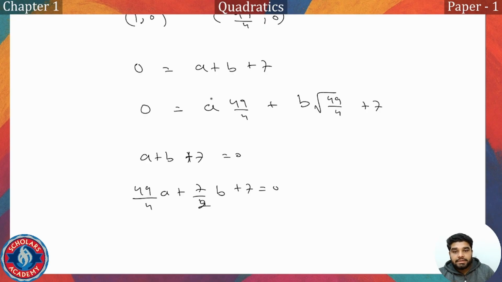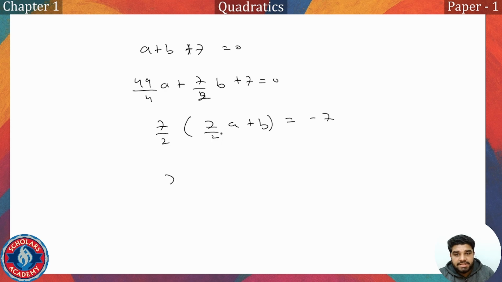So if we simplify these equations, we can take 7 by 2 common. So 7 by 2a plus b is equal to negative 7. So we get 7 by 2a plus b is equal to negative 2.